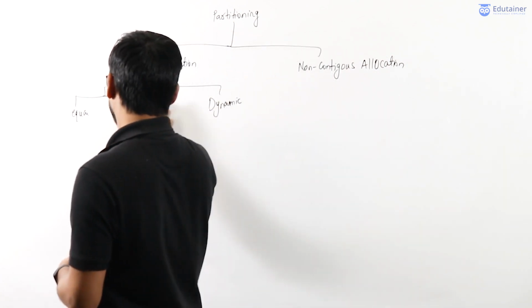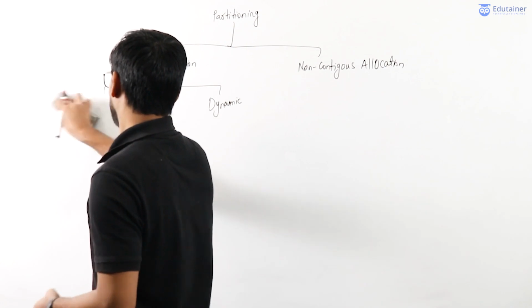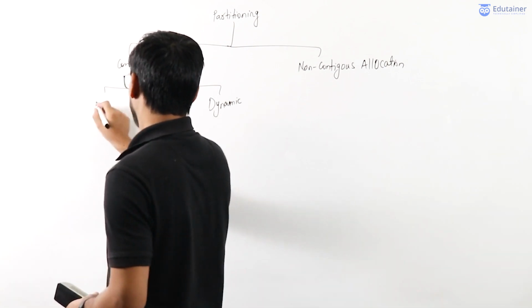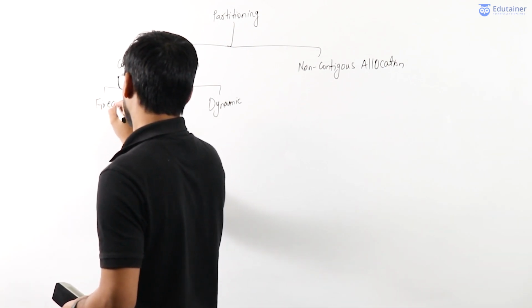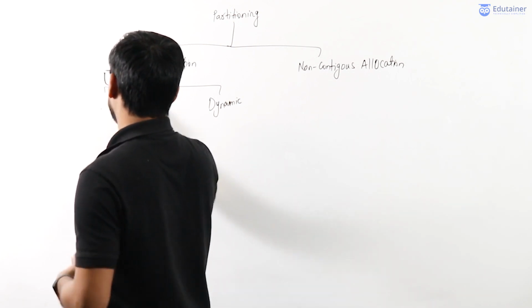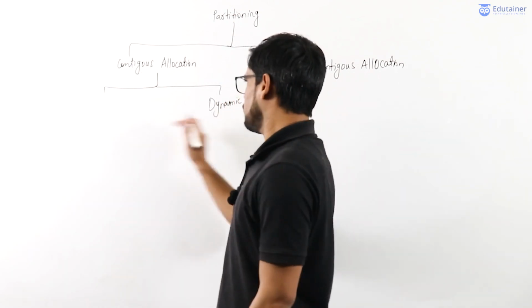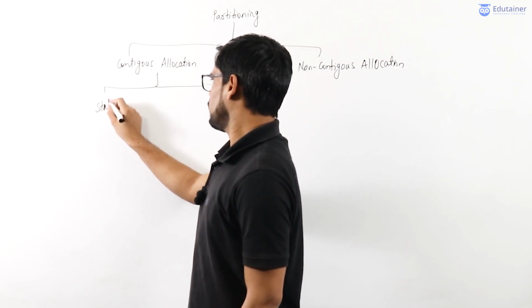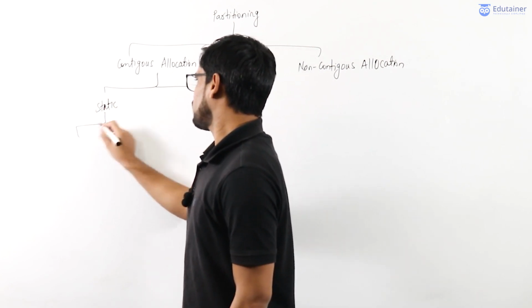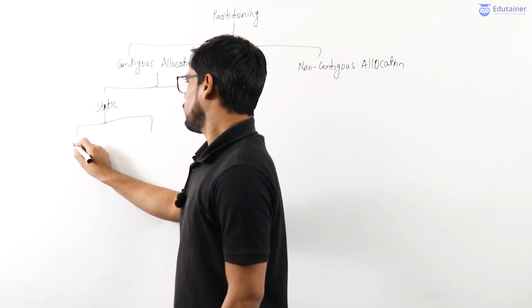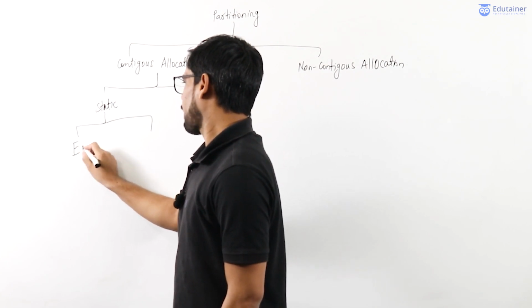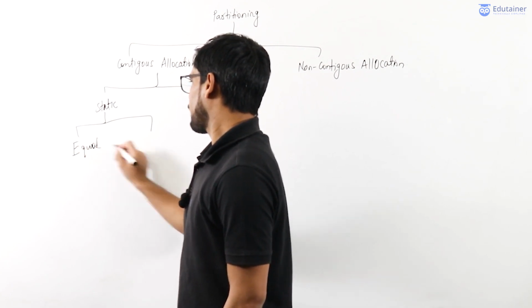So here equal and unequal are generally present in the fixed partitioning, or you can call it static, which is a good name compared to dynamic. So it is static, and static is further classified into equal and unequal.